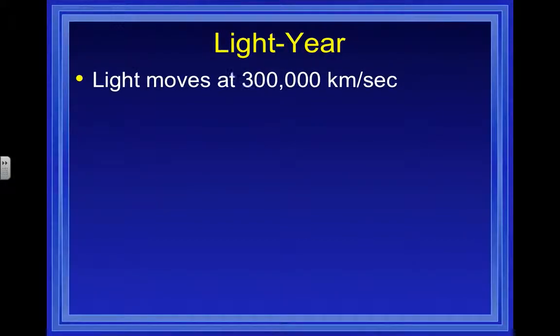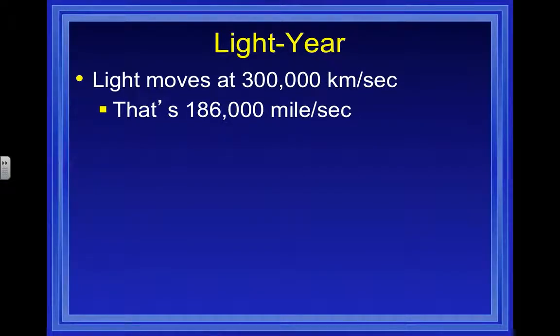So when thinking about a light year, let's find out how fast that is. Light moves at 300,000 kilometers per second. That is equivalent to 186,000 miles per second.